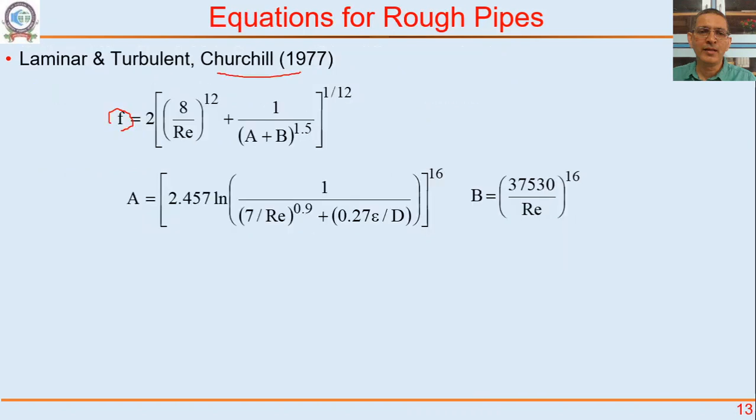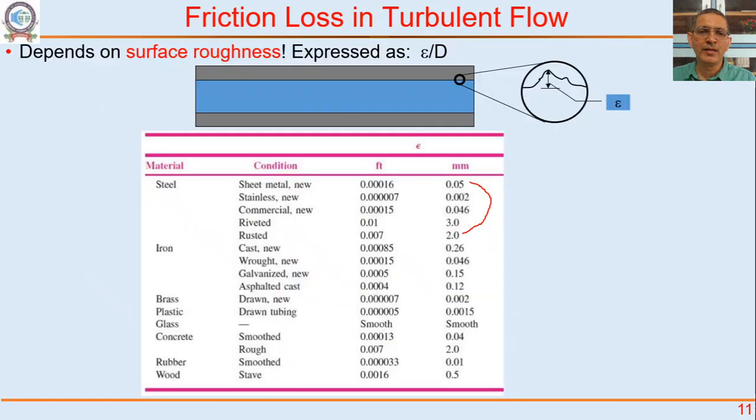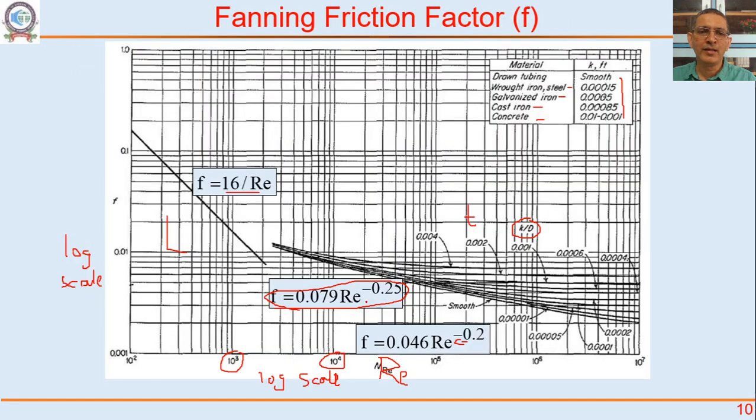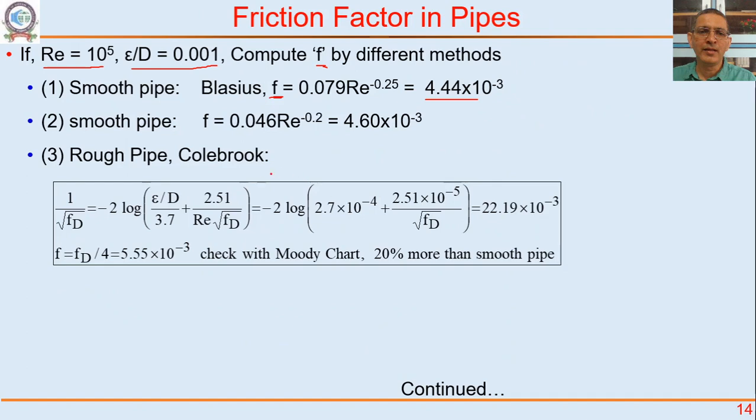If I use another expression for smooth pipe, 0.046 Re raised to minus 0.2. So these two expressions are only for smooth pipes, not for rough pipes. If I use this expression, I will get friction factor 0.0046. You see, very similar.